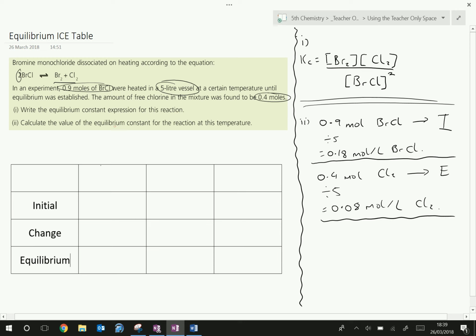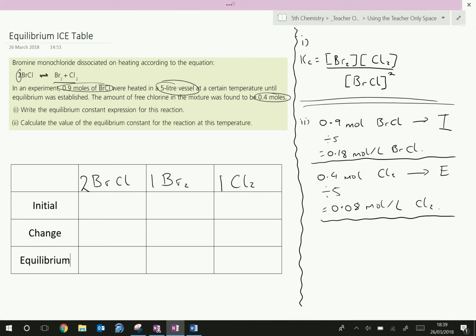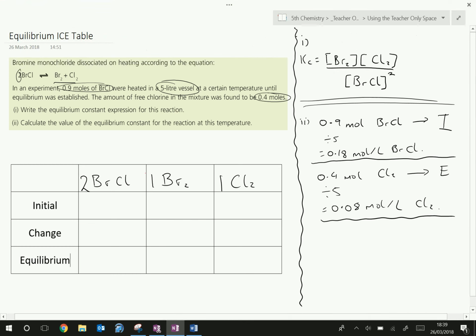In the top row I need to put in the chemicals that I have. So I have BrCl, I have 2 of them. Then on the right hand side I have Br2 and Cl2, with coefficients of 1. Just to make everything extra clear, so I know where the arrow is in my equation, I'm going to make this into a double line to show where they're separated. And then I can start filling in.